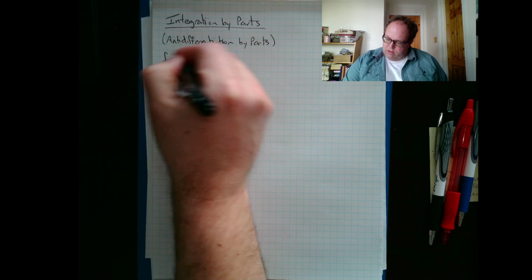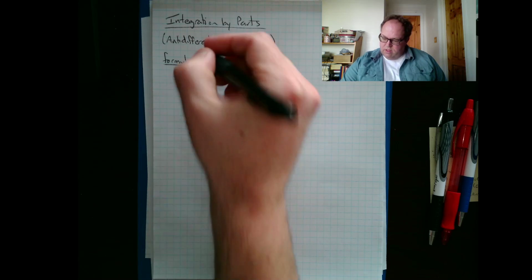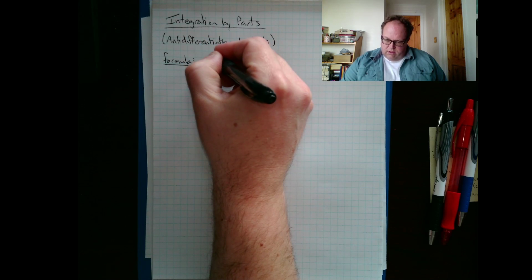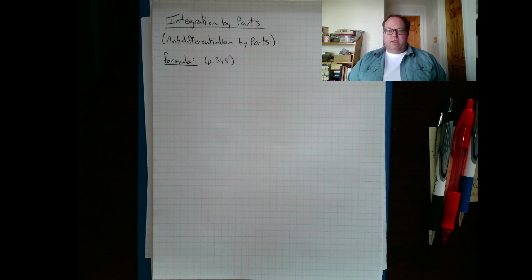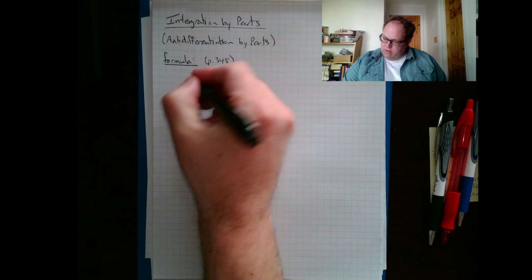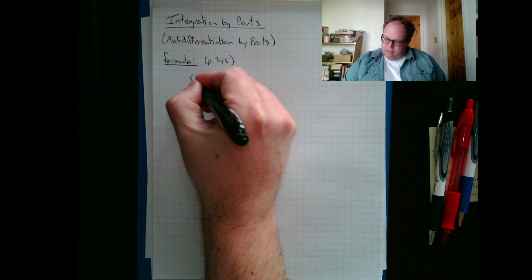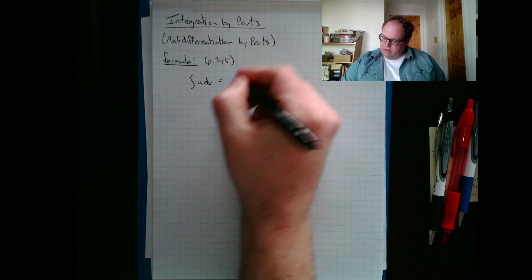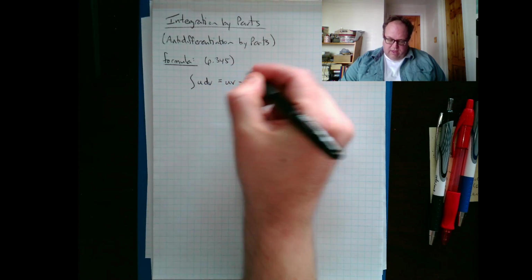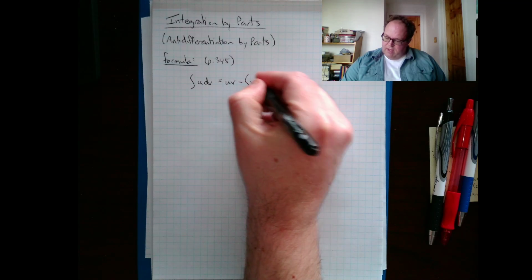I'm not going to show how it's derived, although this is sorted out a little bit on page 345. It effectively comes from integrating the product rule from derivatives. And when you do that and do a little bit of rearrangement, you can come up with the following relationship. The integral of u dv is equal to uv minus the integral of v du.